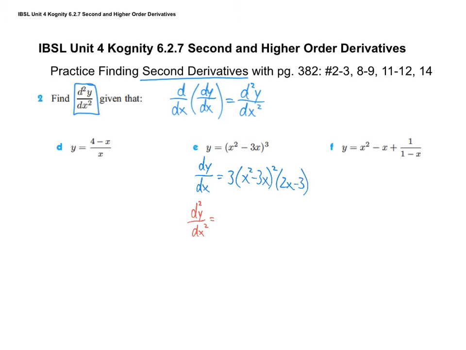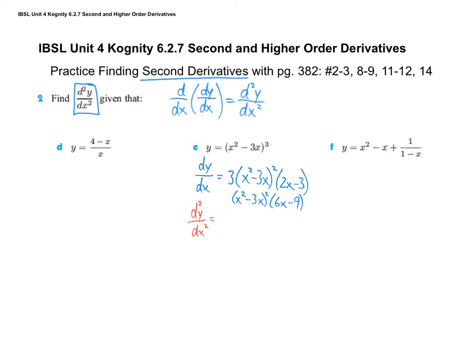The second derivative, notice here, I'm going to have to use what? The product rule. Are you going to distribute the 3 in? You can, if that's going to make it simpler for us. Make this an x squared minus 3x squared, and make this a 6x minus 9. If that makes it easier to use the product rule with, you can do that.